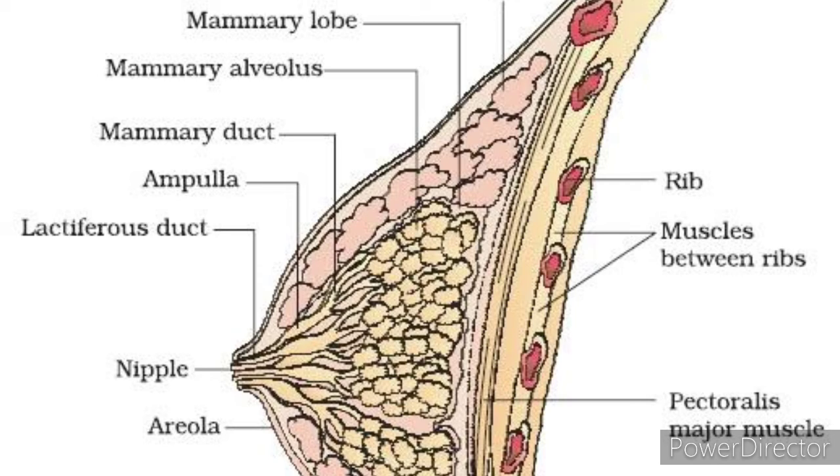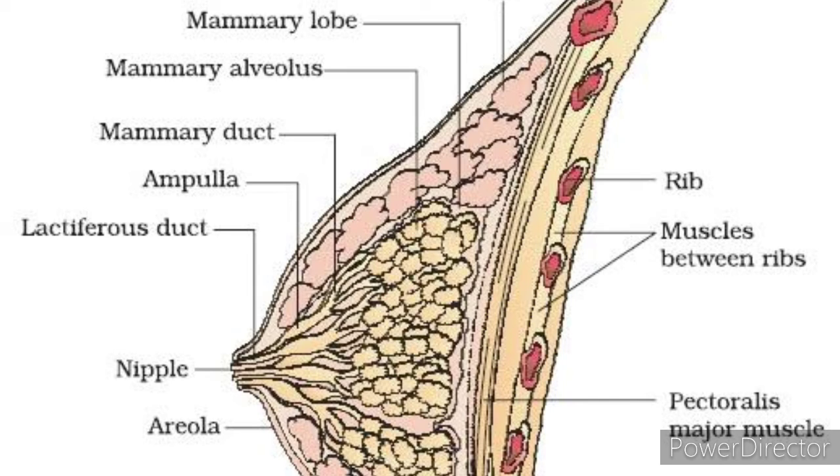The glandular tissue is divided into 15 to 20 mammary lobes. As you can see in the diagram, the mammary lobes are present. These mammary lobes contain clusters of cells called alveoli. These alveoli secrete milk, and this is stored in the cavities of the alveoli.